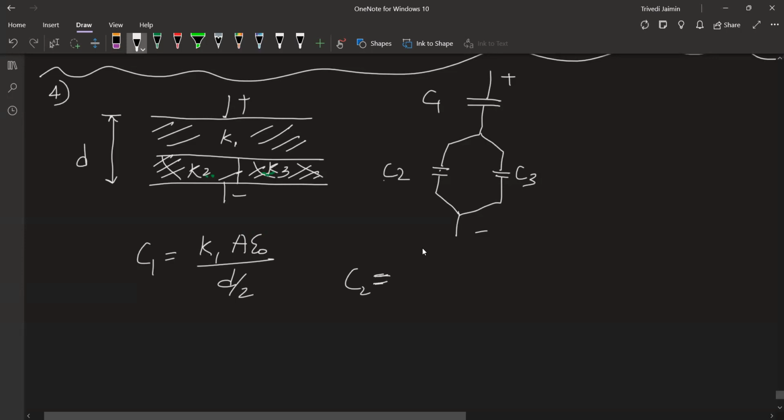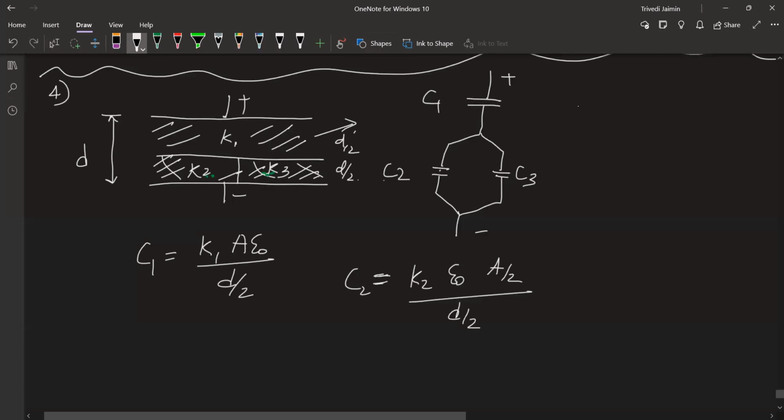So C2 is equal to K2 A by 2 epsilon naught by D, sir. Are you sure? Because C1 is already given D by 2, so remaining is D by 2 here. Yeah, D by 2.